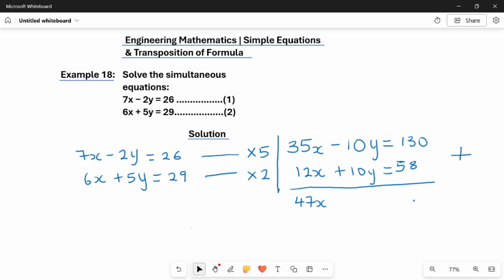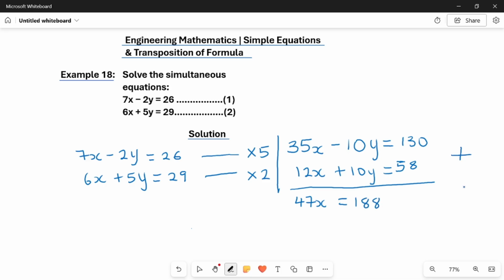Minus 10y plus 10y will give us 0, and we'll have that 130 plus 58 will give us 188.